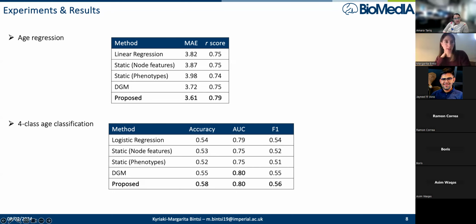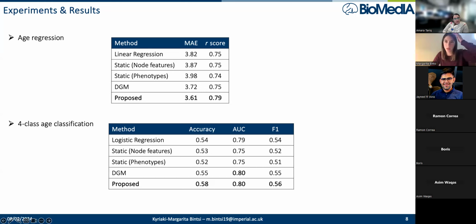Actually, this is the static phenotypes, which is a combination of the imaging and non-imaging similar to ours, but we also used only the node features. And for the second case, we did not include non-imaging information at all. And finally, we compared our results to the DGM, which is the state-of-the-art method.